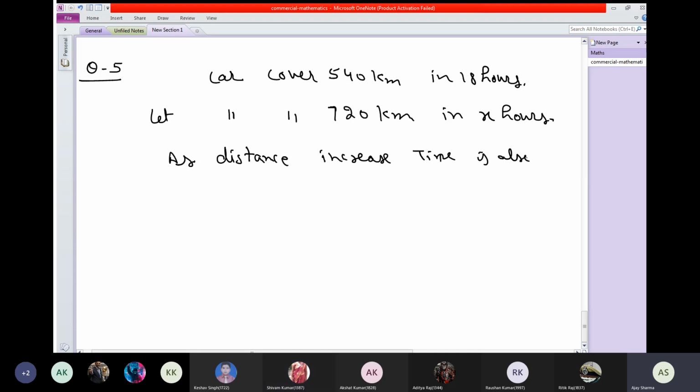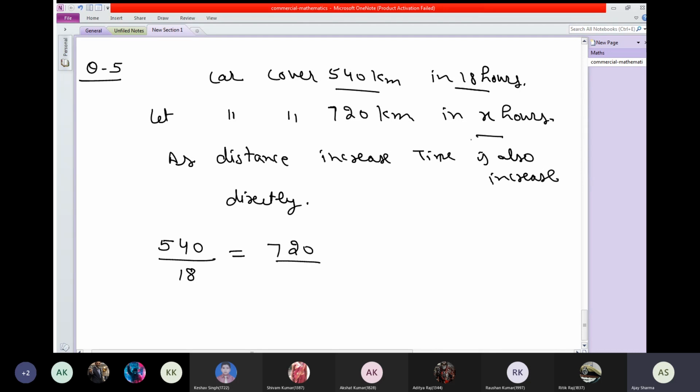Time is also increasing. Then time and distance vary directly. If they vary directly, then their ratio must be the same. Distance divided by time: 540 divided by 18 equals distance 720 and time we assume x hours.